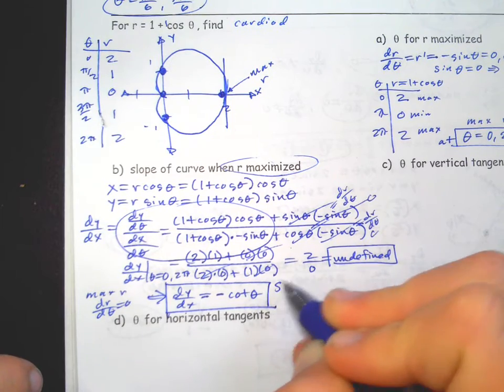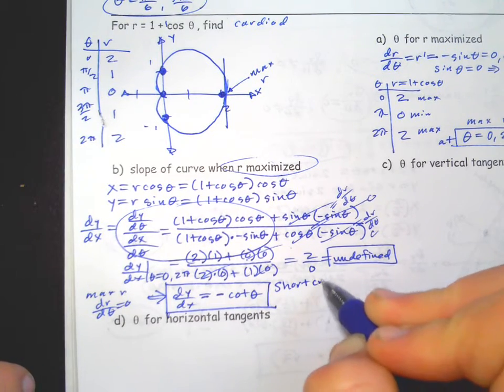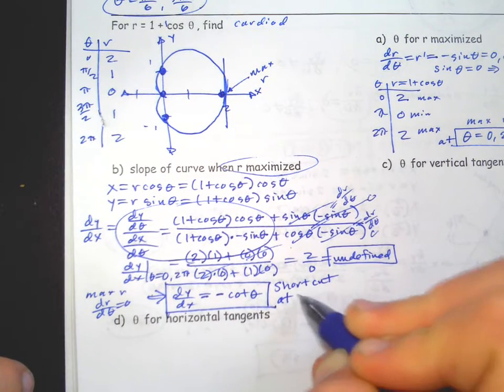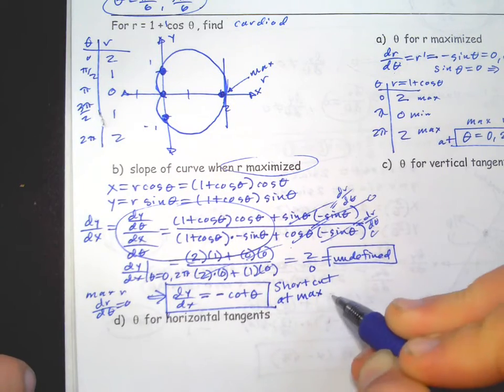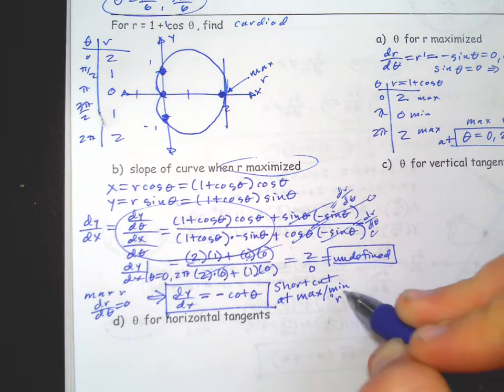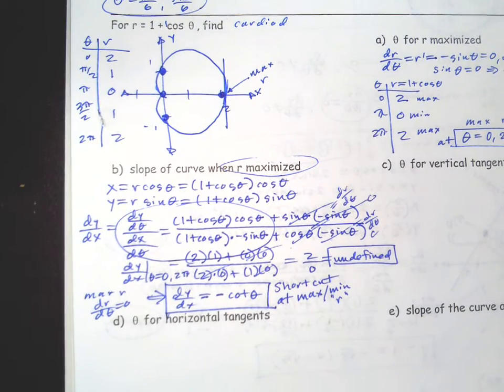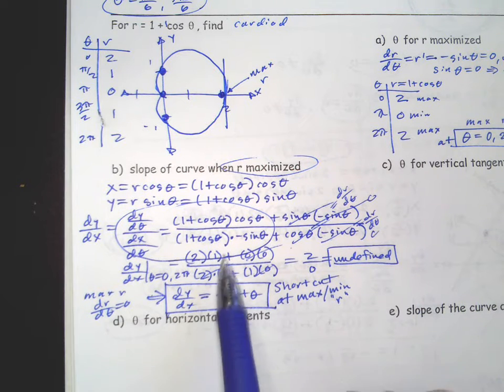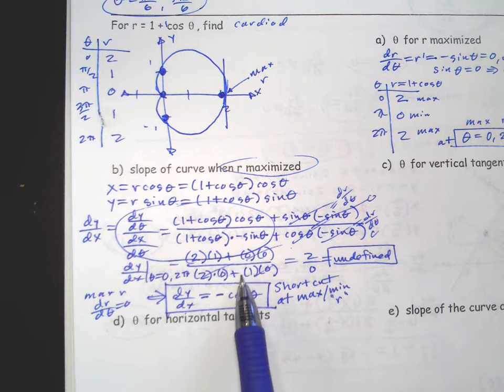That's a shortcut for finding dy dx at max or min R. So you could use that one too. You don't have to, the work wasn't that bad to do without the shortcut, but in some cases, maybe that might be nice.